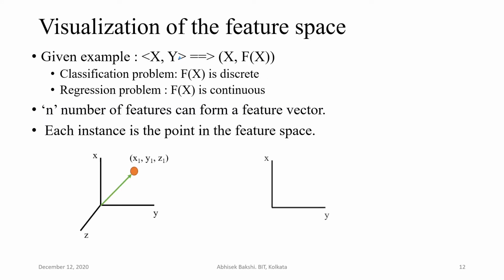And in the visualization of the feature space, we have seen that it looks something like some points, and to understand what is the class of a particular unknown point, we need to construct a clear boundary that can differentiate between two different sets of points, and this particular boundary is some function.